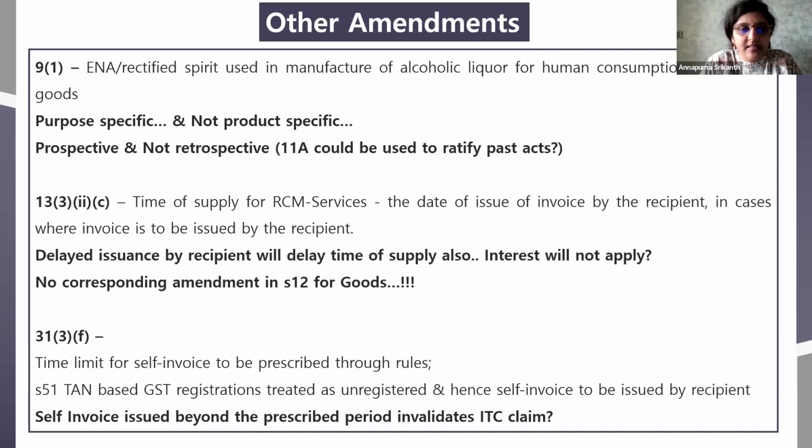Even otherwise, if I fall in clause A, what we discussed now, date of payment, but I raise a belated invoice, then that is there. This express change in 31.3F, what implication is it giving? It will only enable contraventions of provisions of law and hence penalty, no?